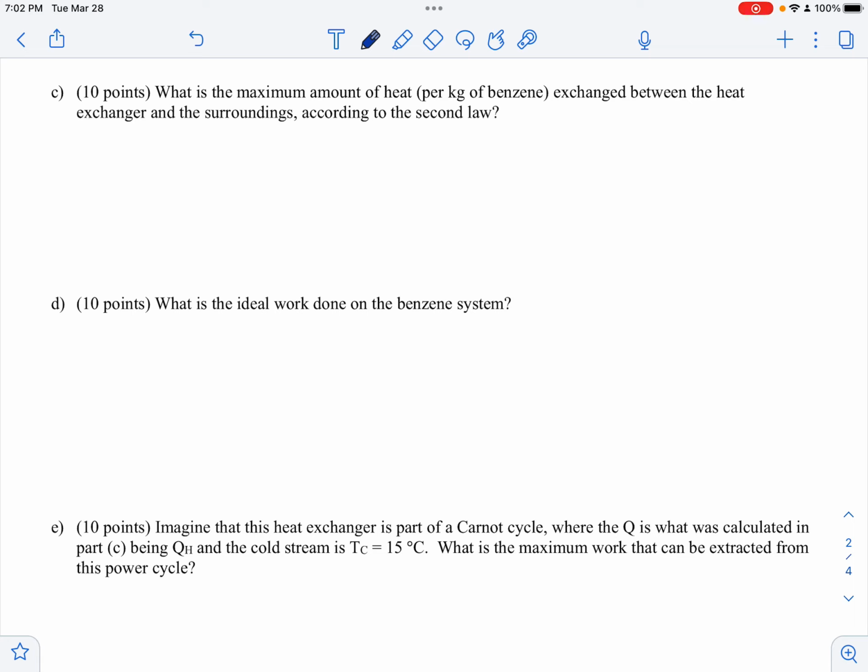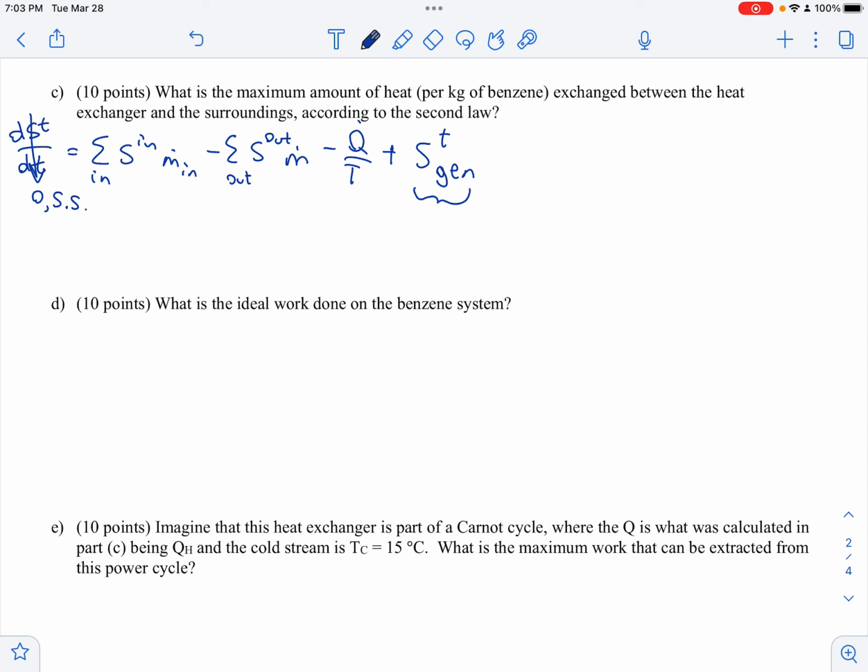This seems like an entropy balance problem, so let's look at the entropy balance. dS total dt, again, we're going to assume it's 0 at steady state, is going to be the sum of the input stream entropies minus the output stream entropies minus Q dot over T plus S total generated.